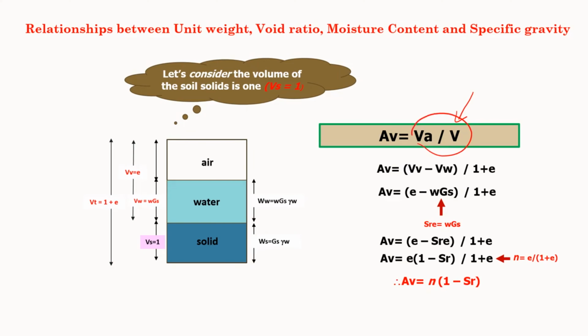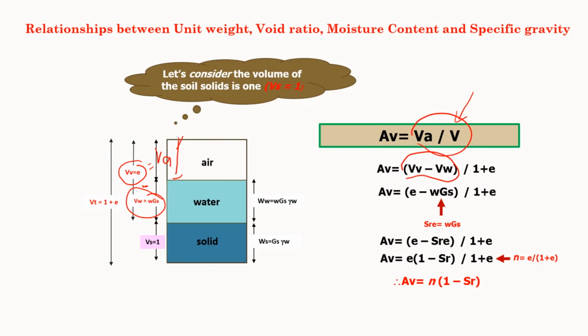It is equal to volume of air divided by V, and volume of air is equal to volume of void minus volume of water, divided by total volume.